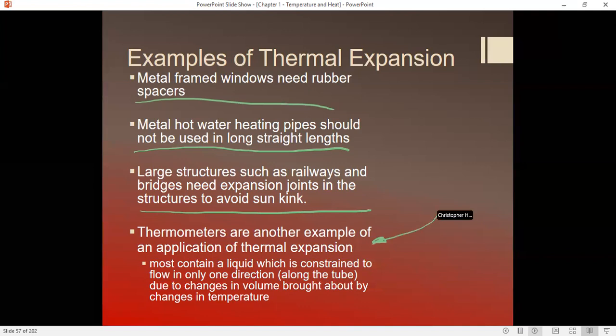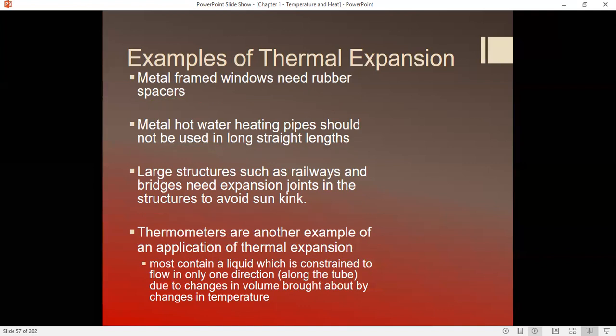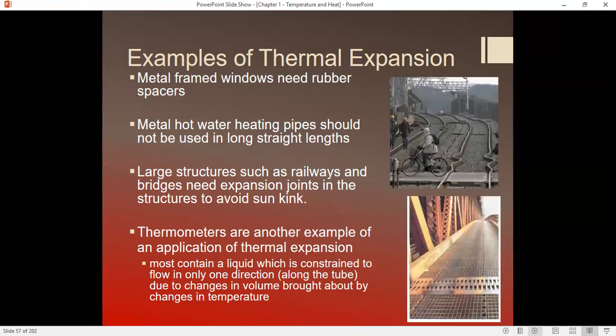If you simply look at the expansion that a metal undergoes, actually a bimetallic strip, you can use this to gauge the temperature. And here you can see some kinks that were created. In fairness, they can be created during very, very hot days. These were actually created by a seismic event, because we use low expansion steel in rails today to prevent this from happening.